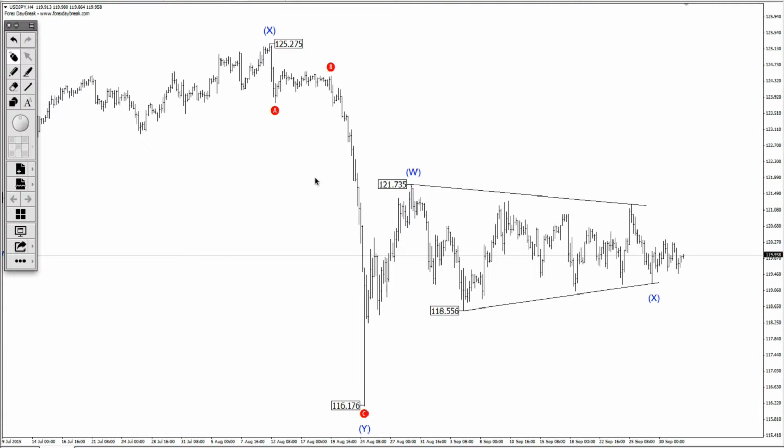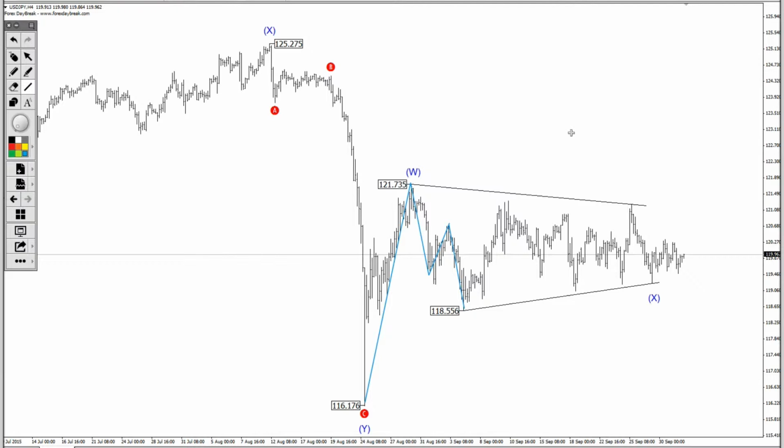So let's see how this develops. Nothing has happened since yesterday, and actually past couple of days have been very subdued in dollar yen. We can make out the whole triangle. It is completed in my opinion. So there's a clear three-wave structure first, and then the rest of the triangle is slightly more complex looking, but we can make out the whole triangle already here.